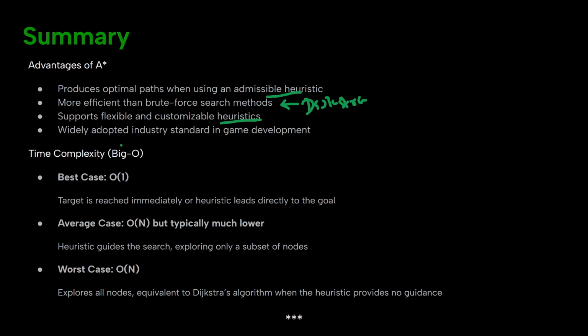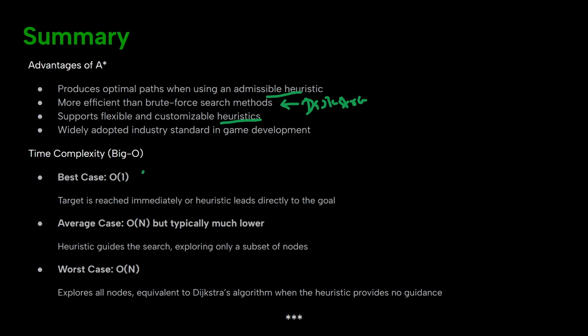And usually this is an industry standard for game development, and in other industries which require pathfinding, such as navigation and transportation related industries, the A-star pathfinding algorithm is heavily used. And the time complexity is again very good.